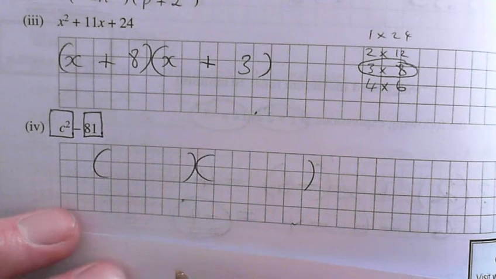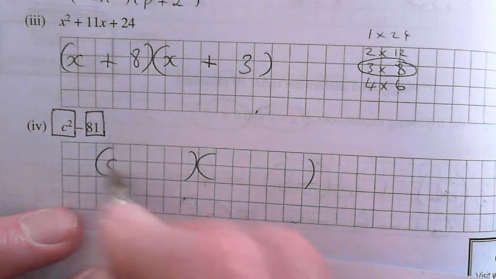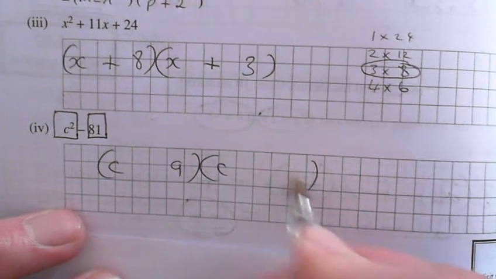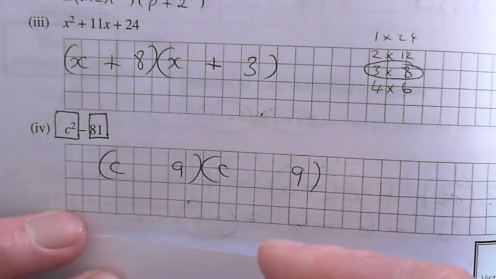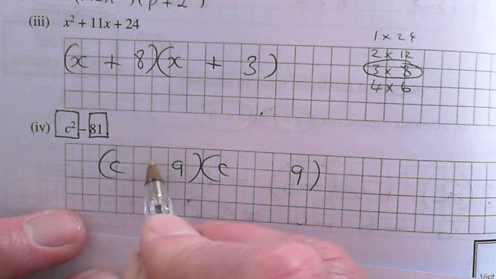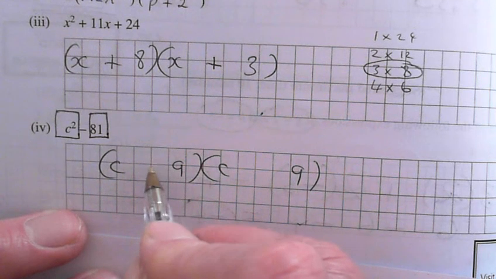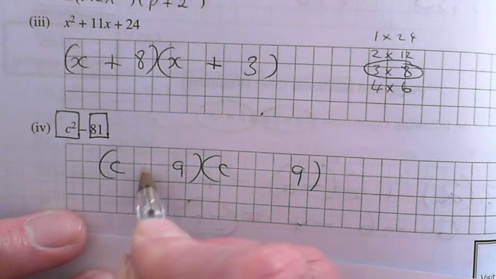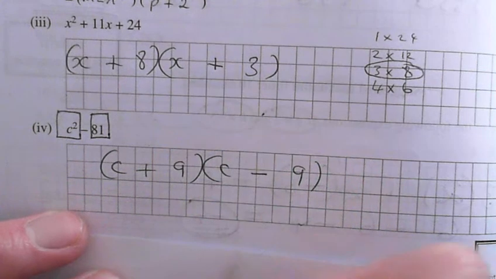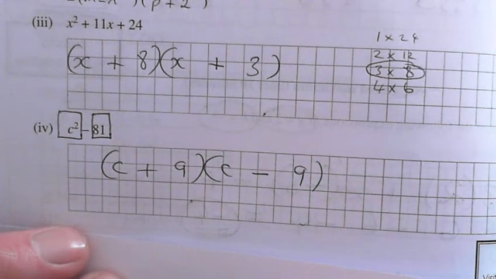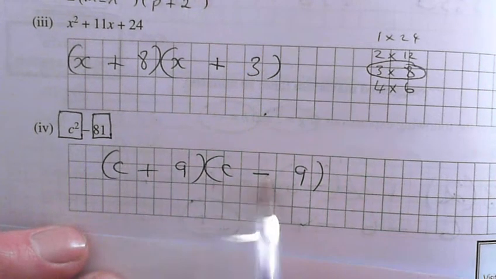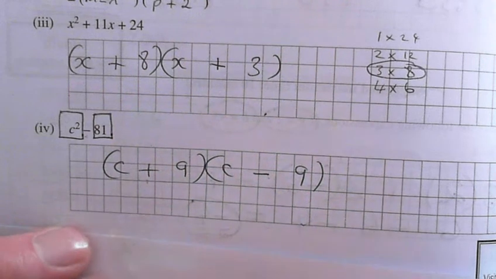So, what's the answer? I put in c and 9 and c and 9. What signs do we need? Minus and a plus, or plus and a minus. Why is that? Plus and a minus makes a minus.